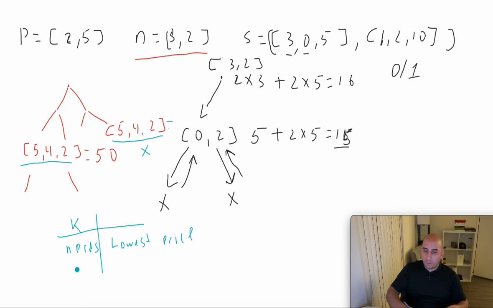For example, for our 0, 2, we store the price of 10, because there is no other option. We cannot use specials. So that's it. That's how we are going to solve this problem.